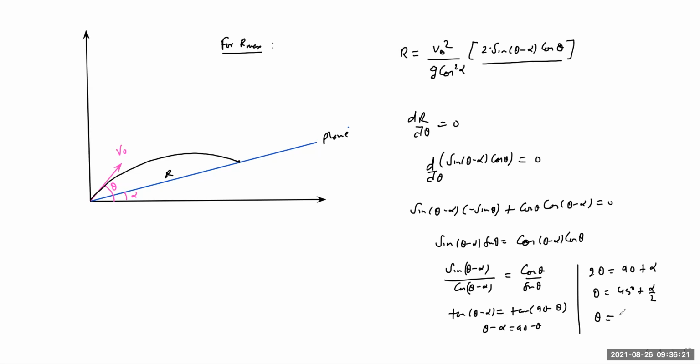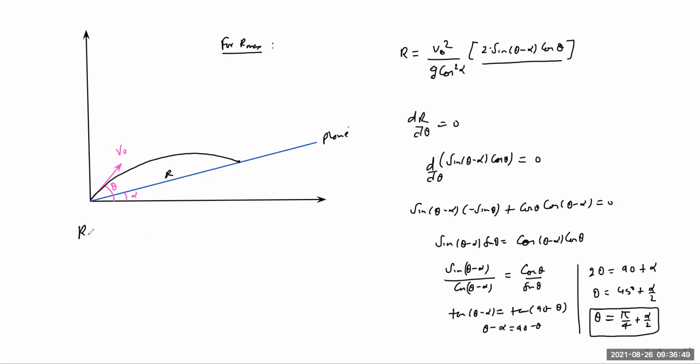So if you throw at this angle, which we write as pi by 4 plus alpha by 2, it will have the maximum range. Okay. So the best way to solve this question is to replace theta by pi by 4 plus alpha by 2. You can use this formula because theta is the variable, right? So this is one way of thinking or doing the question. You can find the angle like this.